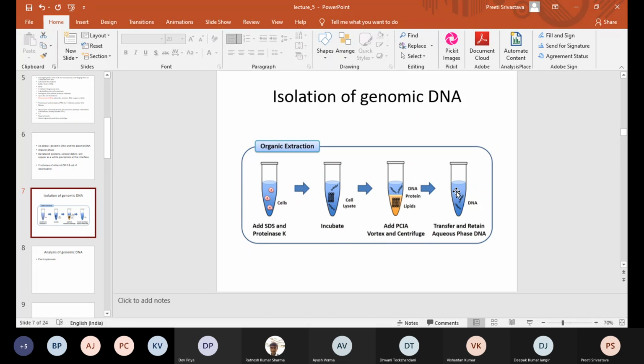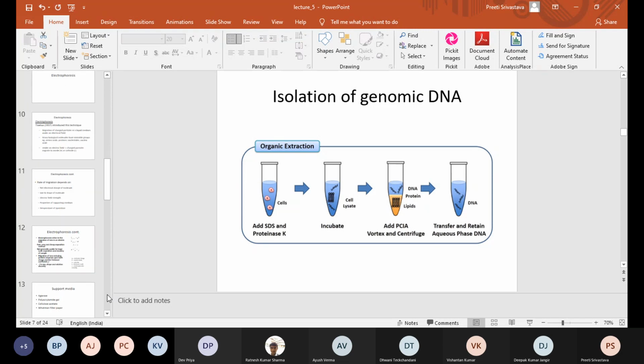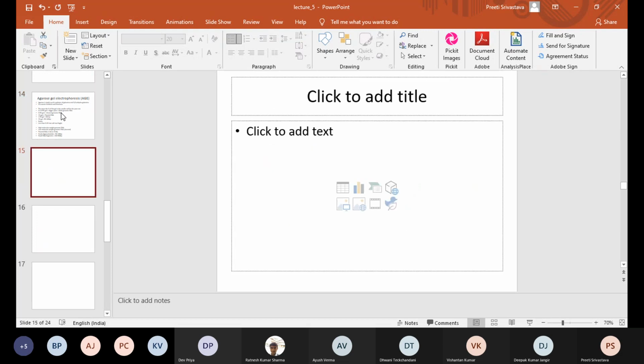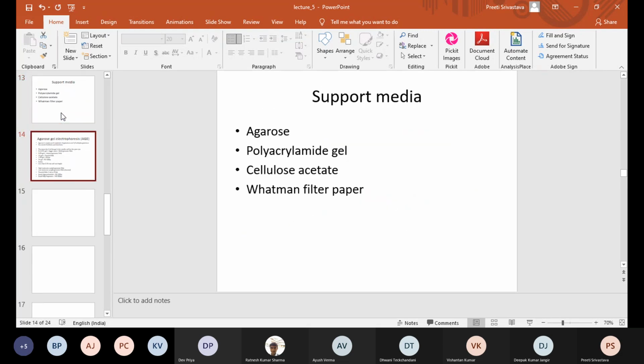But again, to answer your question, when we try to separate the chromosomal DNA and study the different sizes of the DNA, there is a different technique that is used, called pulse field gel electrophoresis, which I'll be explaining hopefully in today's class, otherwise in tomorrow's class.